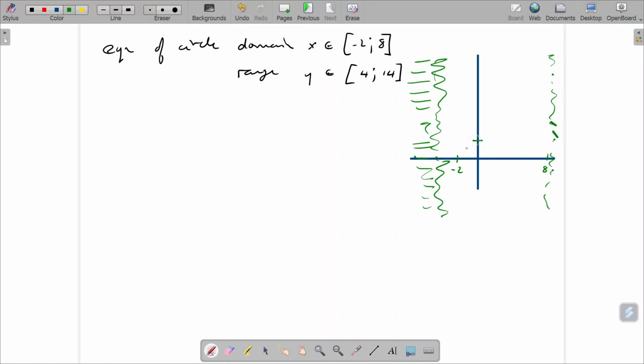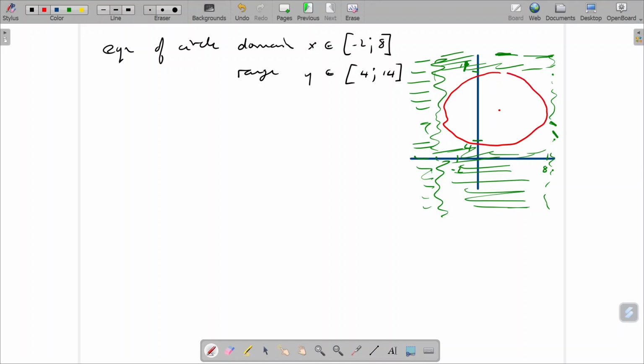It must lie, the range is between 4 and 14. So again, this zone at the top here is out of bounds, as is the zone over here. Our circle would need to be centered somewhere over here and drawn such that it does something like that, where -2 is the left-hand extremity and 8 is the right-hand extremity, and 14 is the maximum and 4 would be the minimum.